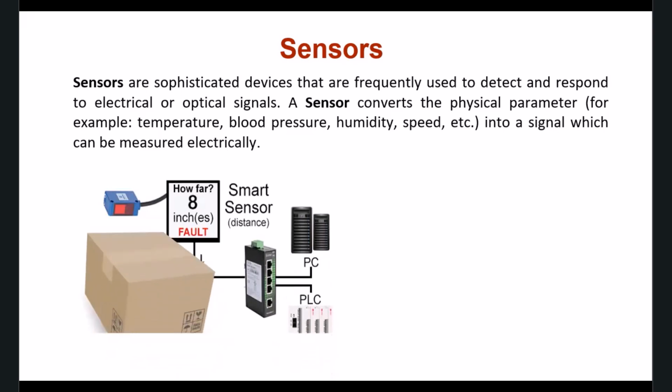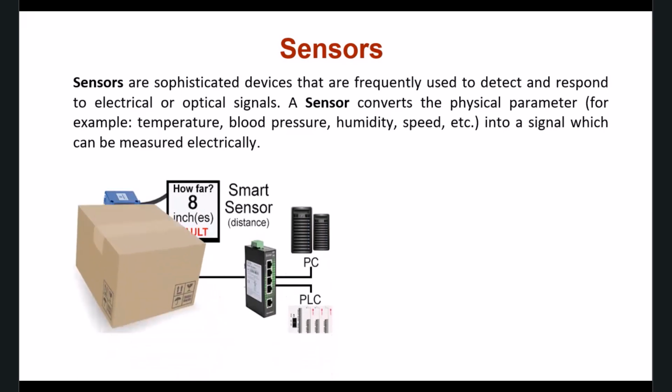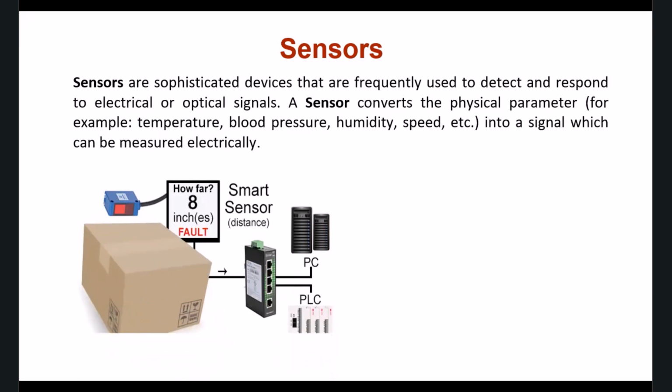You may not understand by the definition, so let me explain what exactly a sensor is. A sensor is something which senses the physical quantity and converts that physical quantity into the form of an electrical signal. In other words, suppose you have oil and you have water, and by seeing, you are unable to differentiate which one is oil and which one is water.